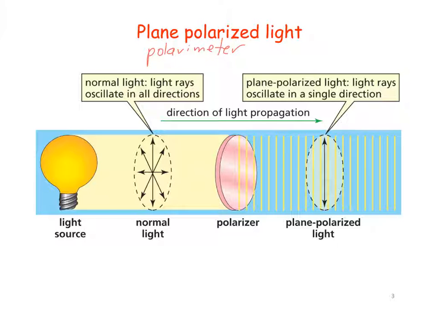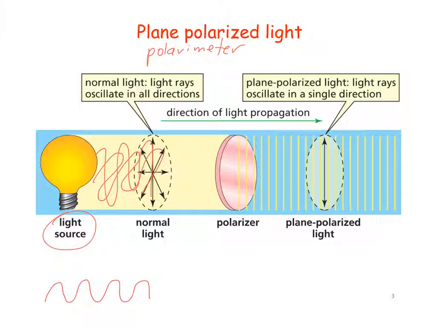It uses some light source, and light in general, remember, is made up of waves like this, and when we have it coming from a light source like a light bulb, those waves can be oriented in any different direction. Each of these lines could be a wave, but they're oriented in all these different directions.